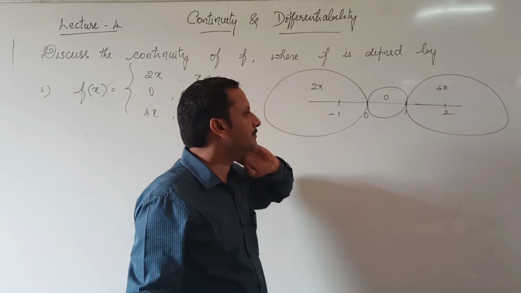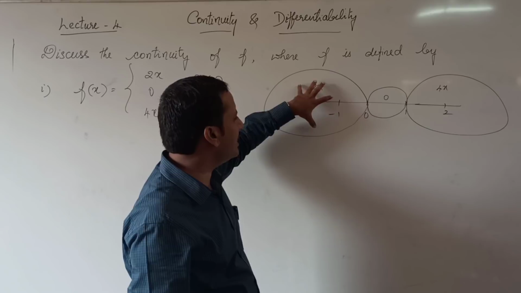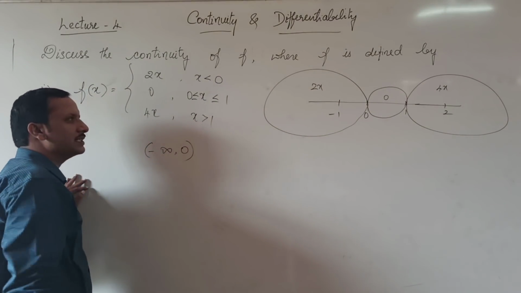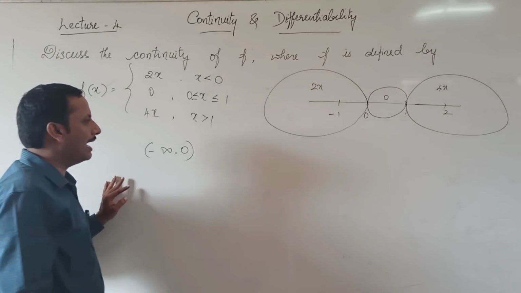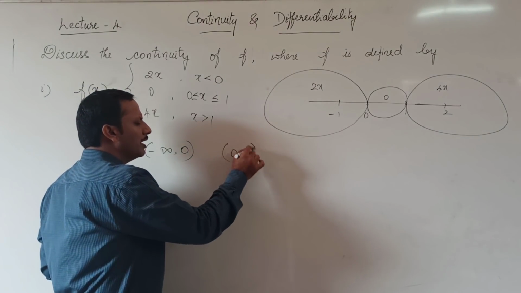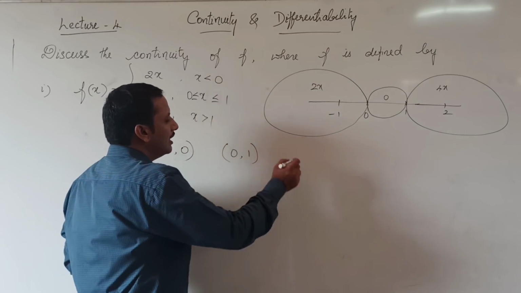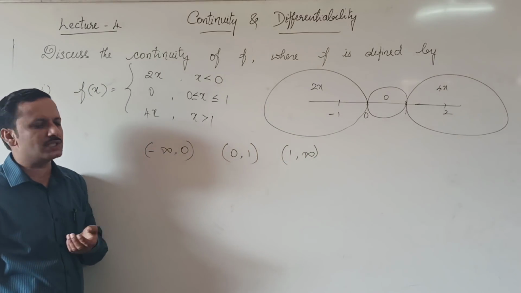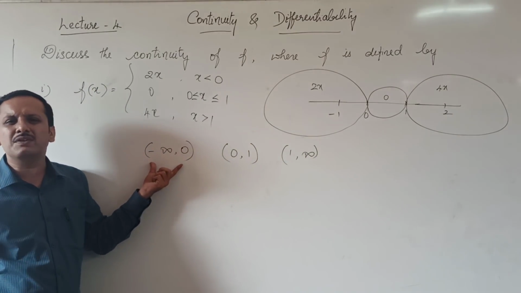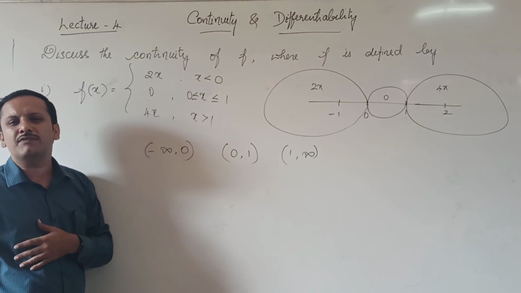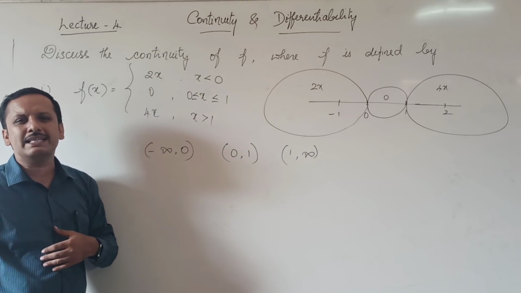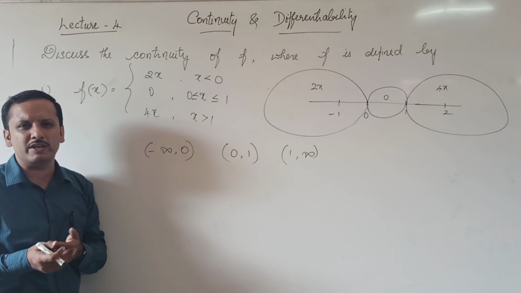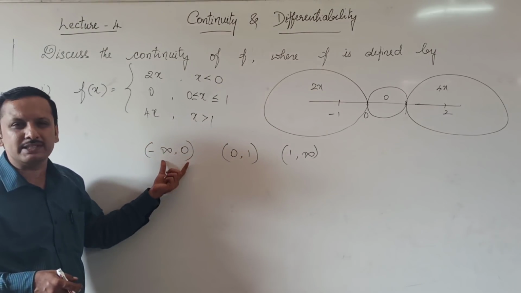So we can say that the function is continuous in this interval, minus infinity to 0, it is continuous, and open interval 0 to 1 also, it is continuous. Then from 1 to infinity also, it is continuous. Why is it so? See, in this interval, minus infinity to 0, the function is defined as 2x. 2x is a polynomial function, and as we know that every polynomial function is continuous, so this is continuous in this interval.